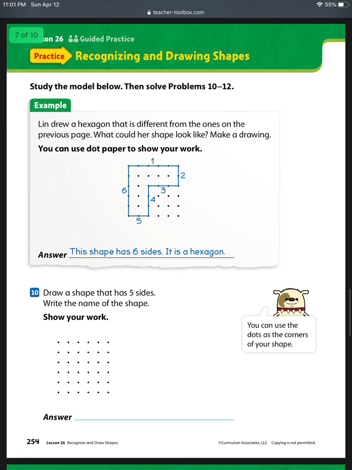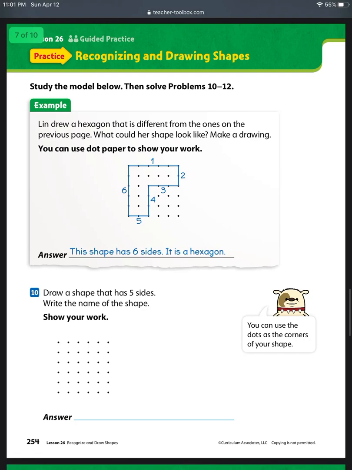The answer says, this shape has 6 sides. It is a hexagon. So any way that you can draw a shape with 6 sides, it will be a hexagon. And it's easier when you use graph paper or dotted paper. So make sure that you have straight lines and good angles.